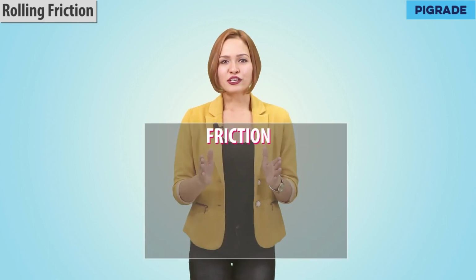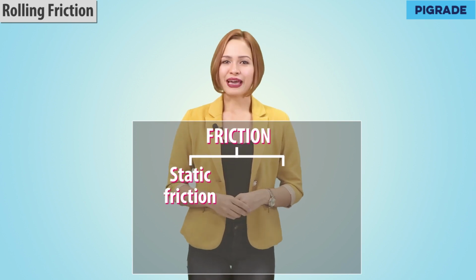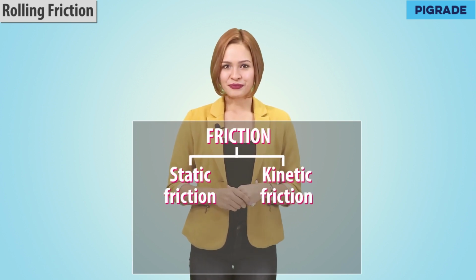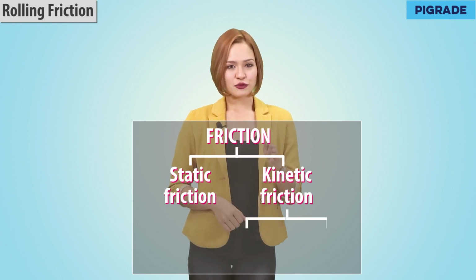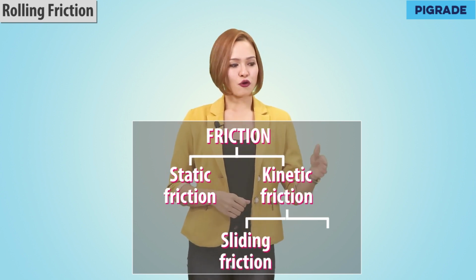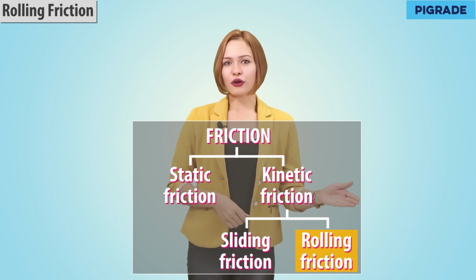Let us have a quick recap. Friction is of two types, that is, static friction and kinetic friction. Now, this kinetic friction is further divided into sliding friction and rolling friction. So here, let us talk about rolling friction.